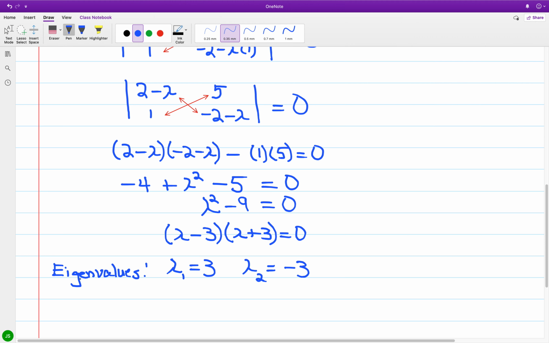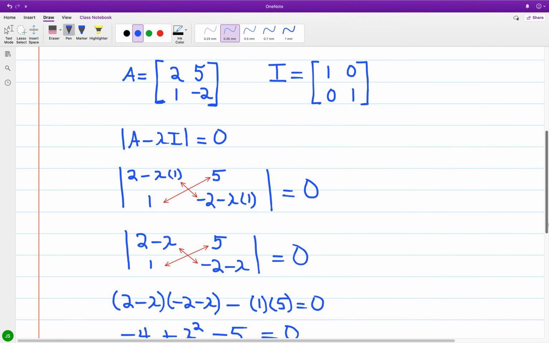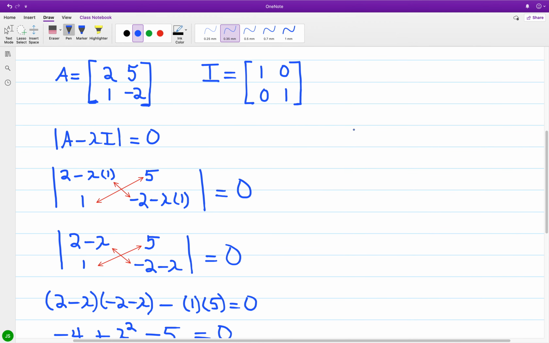All right, now for the next phase, upon utilizing the eigenvalues, we have the matrix A minus lambda I times an eigenvector equal to 0, and let's say for lambda 1 equal to 3.